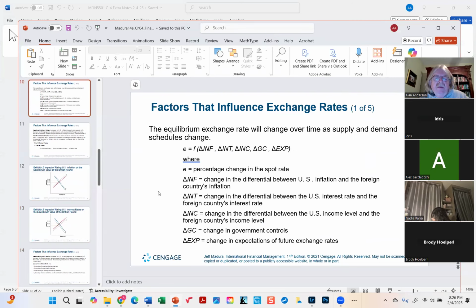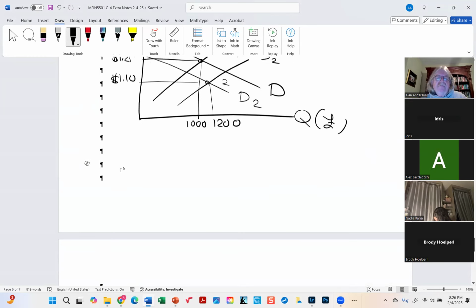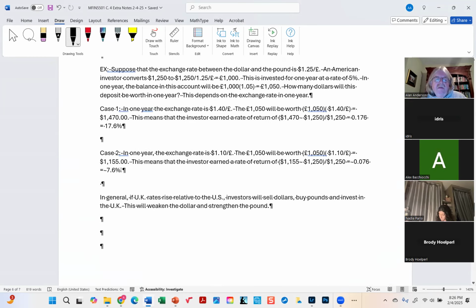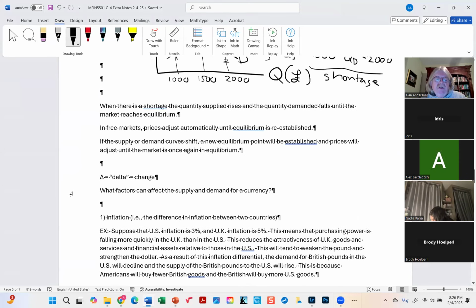For example, we have income levels. Now, when they say income levels, they mean GDP basically. So here we have interest rates, here we have inflation.